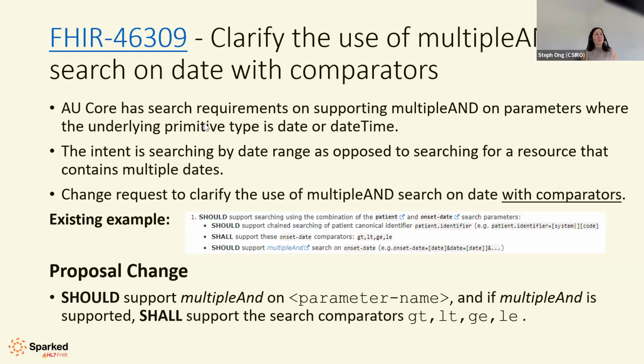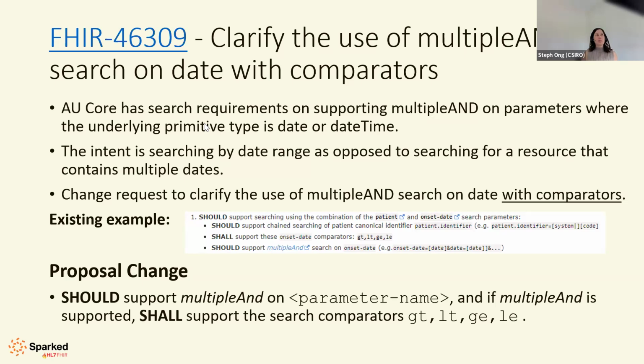Okay, so this change request is to clarify the use of multiple and search on date to be with comparators. AU Core has search requirements on supporting multiple and on parameters where the underlying primitive data type is date or date time. The intent was searching by date range as opposed to searching for a resource that contains multiple dates.